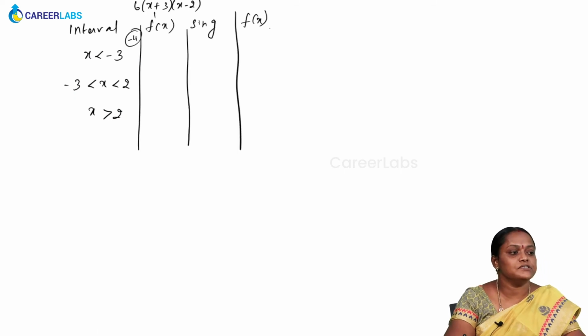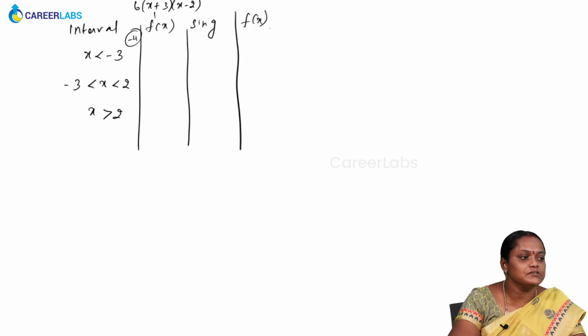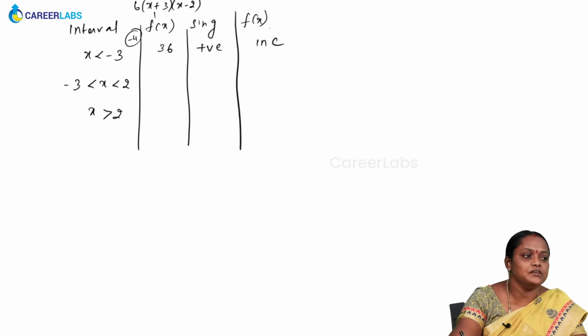When you substitute this in f dash of x, minus 4 plus 3 gives minus 1, and minus 4 minus 2 gives minus 6. So this is going to give a positive value, 36. If you substitute x is equal to minus 4, it gives plus 36. So this is positive, which implies the function is increasing in the interval.